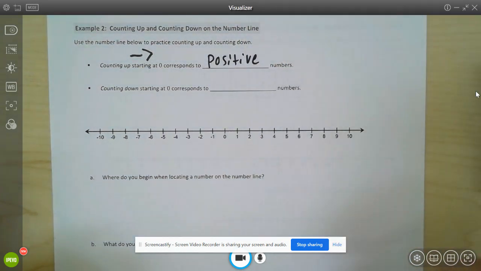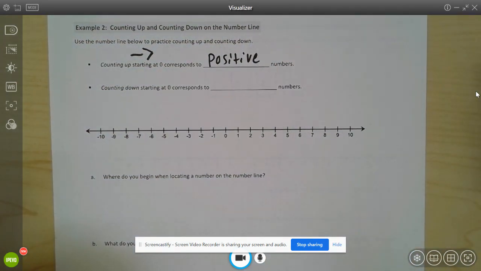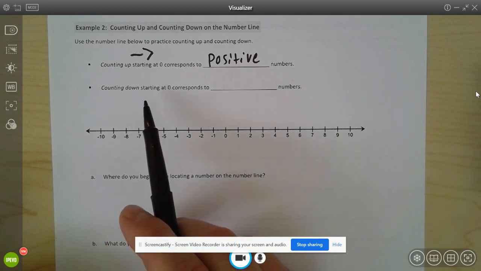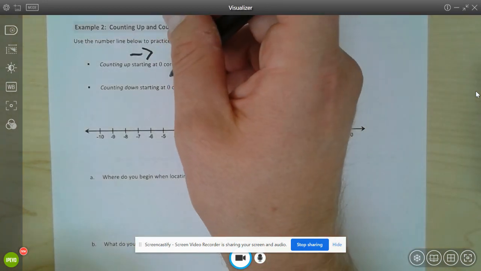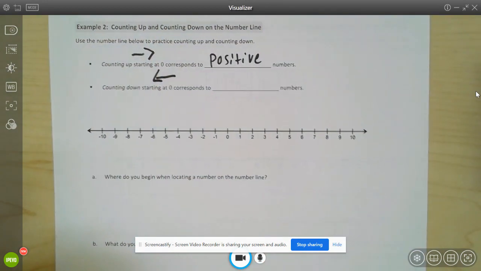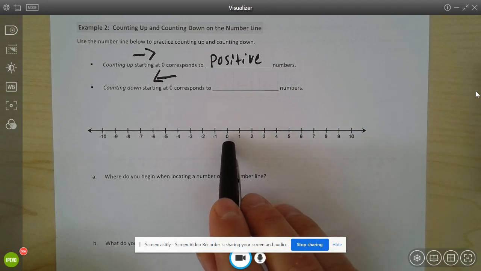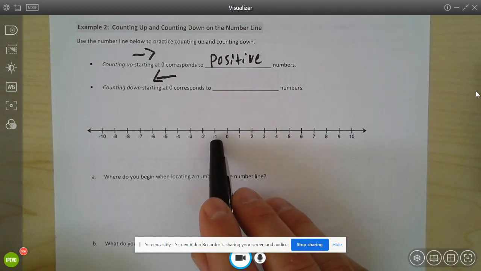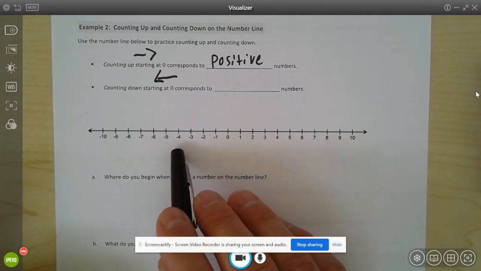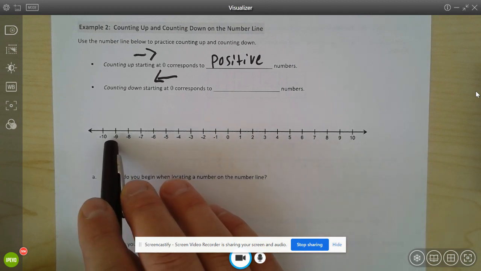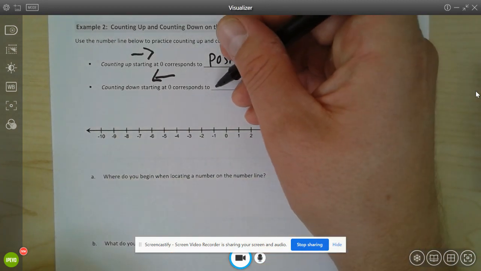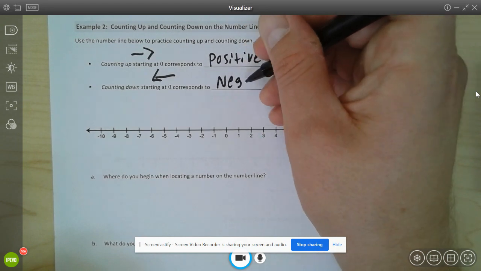So when we start at 0 and we go to the right, we are looking at positive numbers. Vice versa. The next one says counting down, starting at 0, which means going to the left on a horizontal number line, corresponds to what numbers? Well, when I go to 0 and I go counting down, I notice the same numbers, but instead of them being positive, they are negative numbers.